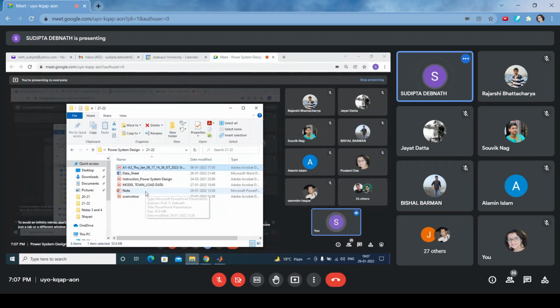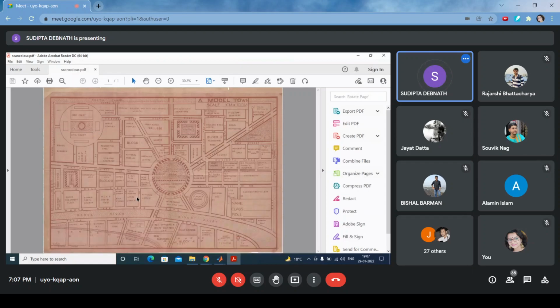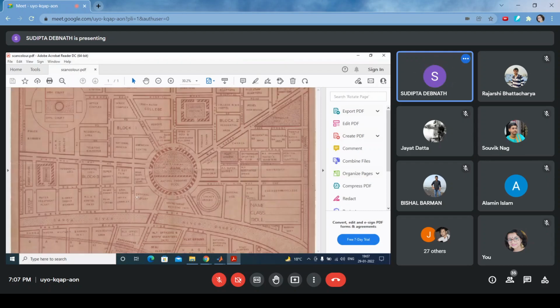Now you have received this map. Okay. Now it is very important to get the actual map, because let me enlarge it.